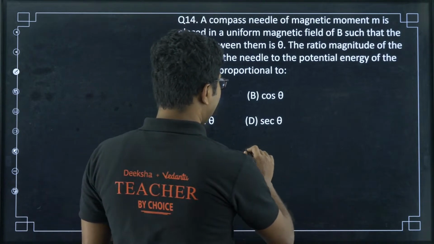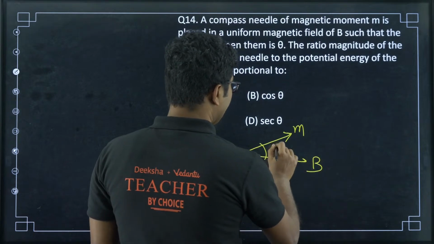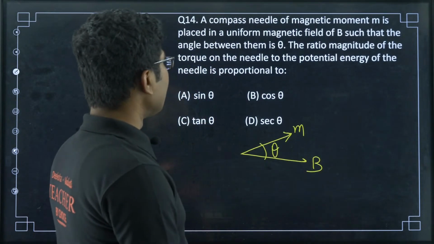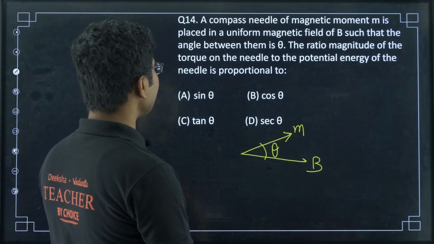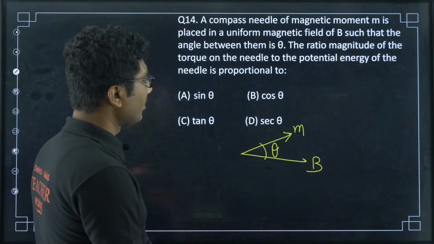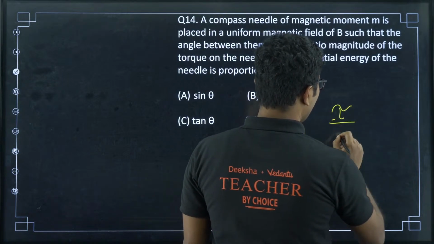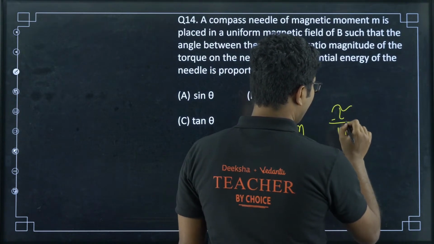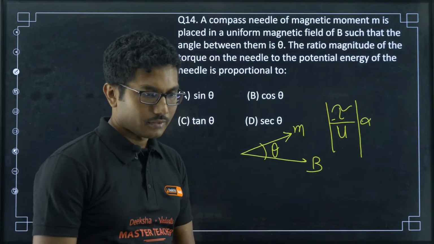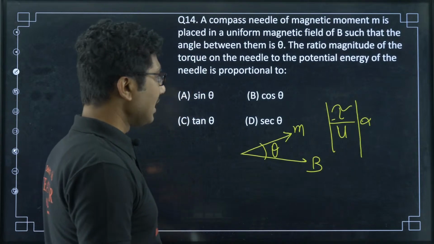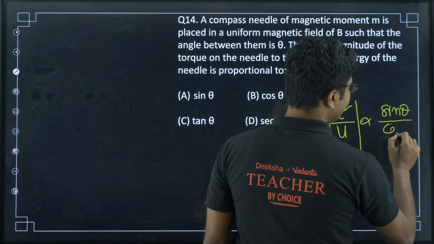The ratio of the magnitude of the torque on the needle to the potential energy of the needle is proportional to what quantity? 14C, yes. Torque is basically sin theta and potential energy depends on cos theta.